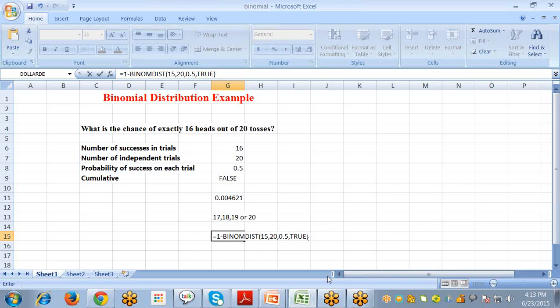With the last argument to the function set to true, the function returns the probability of getting 15 or fewer successes out of 20 tries when the probability of success is 0.5, and then we subtract that result from 1 to get the probability of getting 16 or more successes. So to switch from calculating an exact probability to a cumulative one, we had to change the last argument of Excel's function from false to true, and also change the first value from 16 to 15, and the answer becomes 0.59%.